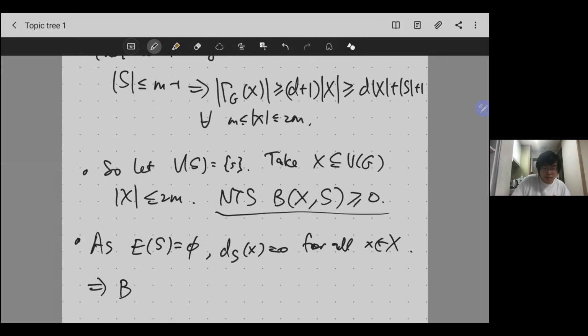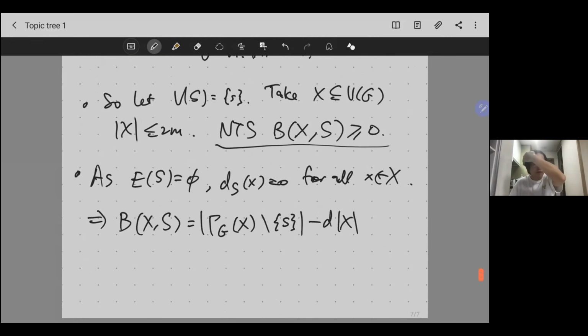This implies that the balance of X equals the neighborhood sticking out of the vertex set of S, which is the singleton, minus d of X, right? The degree sum disappears in the definition.